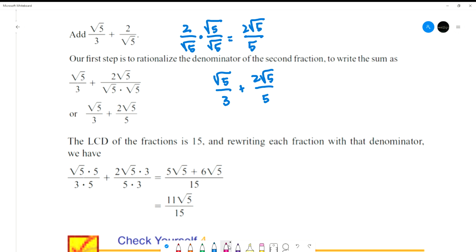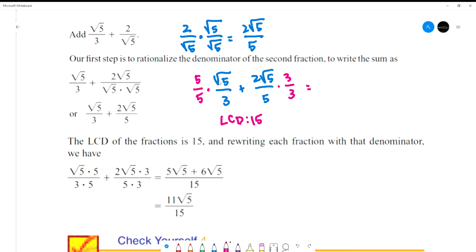Now the problem is they are different denominators. We need an LCD. The LCD of 3 and 5 is 15. Right? So I need to multiply the first fraction by 5 over 5, the second fraction by 3 over 3.